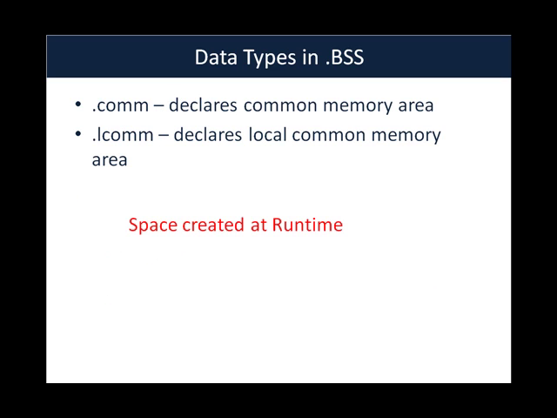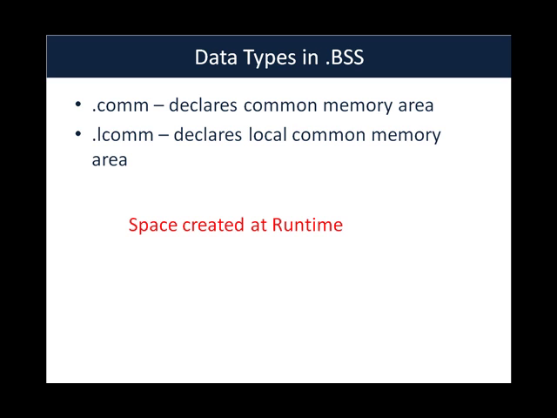We can define .comm, which declares a common memory area, and there is a variation of that called .lcomm, which declares a local common memory area. I will not get into the exact differences between the two for now, just to keep it simple. However, the important thing to remember is that anything declared in the .bss segment is created at runtime.